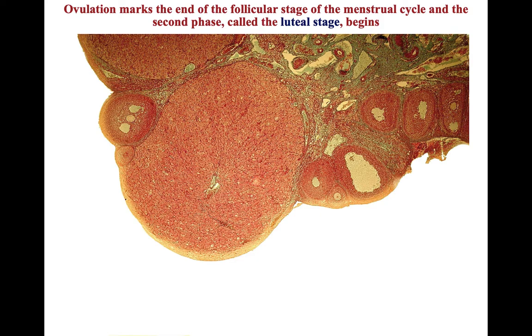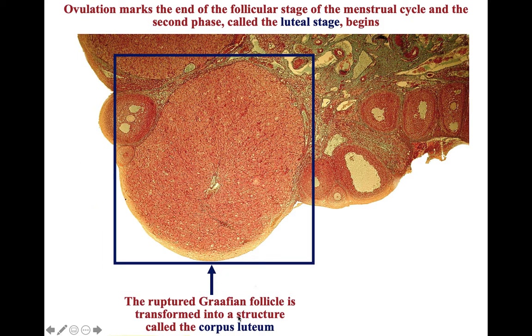Before the Graafian follicle released its oocyte and turned into the corpus luteum, not much progesterone would be in this woman's system. But as soon as ovulation occurred and the corpus luteum came about, the amount of progesterone starts increasing. Now, corpus luteum comes from Latin. Corpus means body, luteum means yellow.